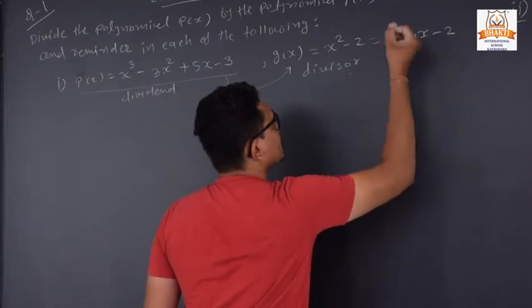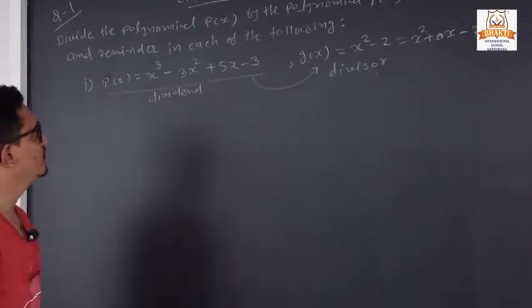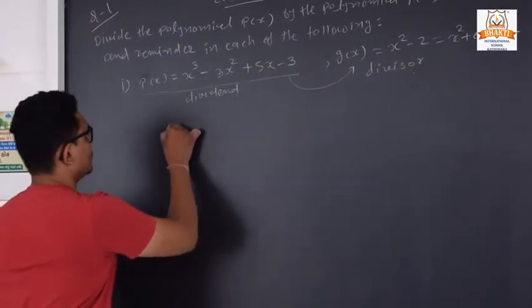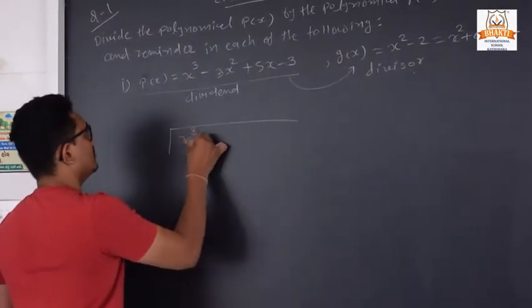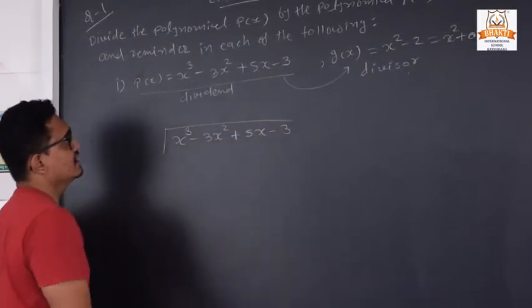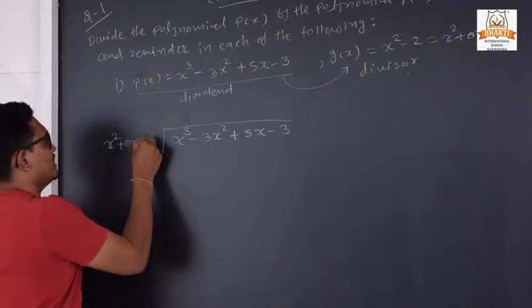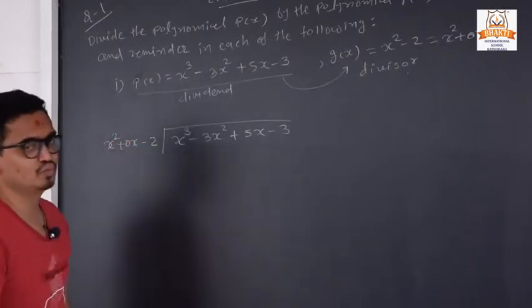Clear? Now x cube minus 3x square plus 5x minus 3 is divided by x square plus 0x minus 2.